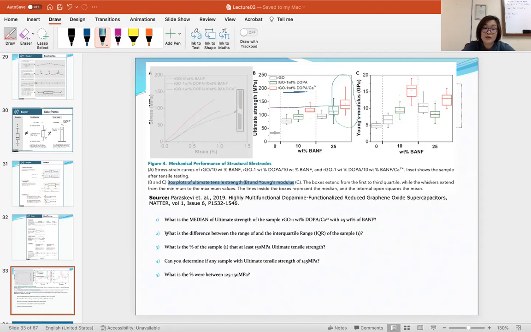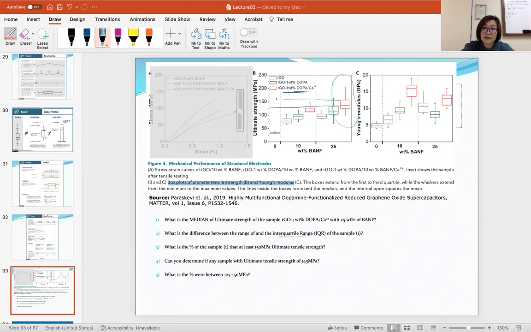Okay. Question number 2, what is the difference between range and IQR of the sample at sample 1? What is the range? The range is the maximum and the minimum. Remember, range is the maximum and the minimum. The interquartile range is the upper limit and the lower limit.